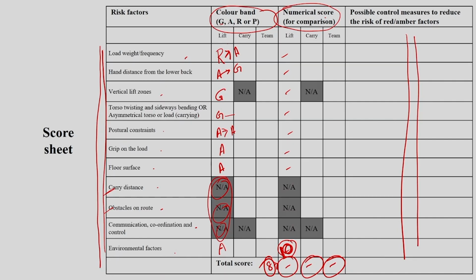Similarly, we have carrying, we have team handling. We will discuss that in the next class.